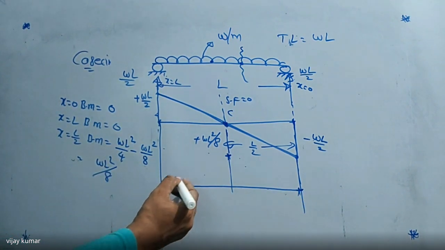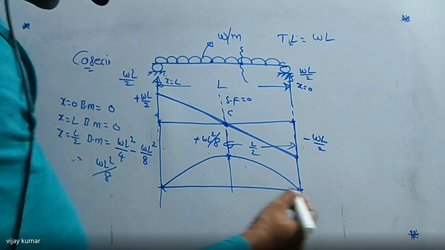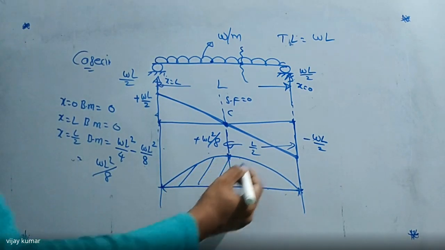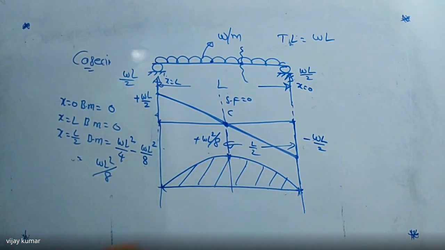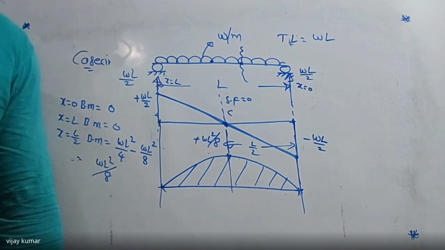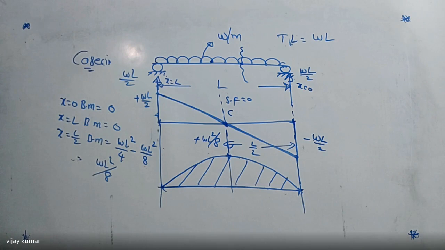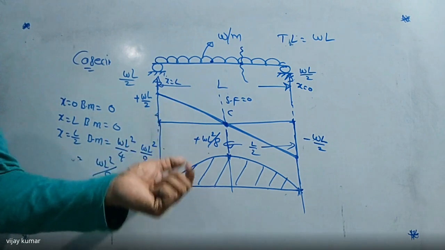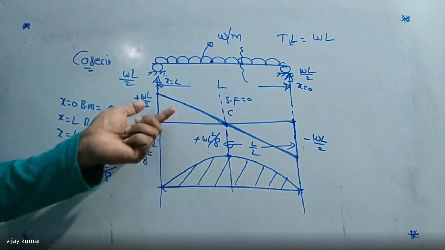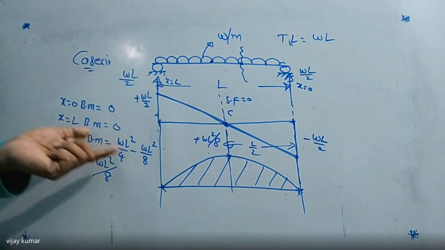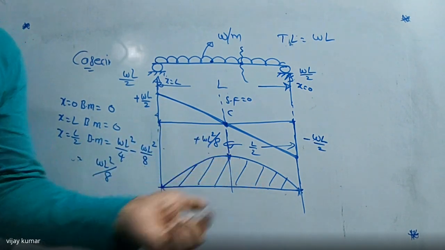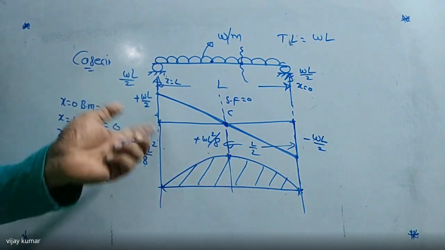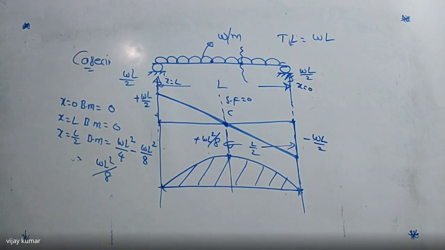So I'm going to use a parabola like this. This is the bending moment diagram for a simply supported beam which is subject to a UDL. That is not a point load, it is a UDL over its length. So this is the way of drawing the shear force and bending moment diagrams. We can draw directly also, but if you want to find the bending moment values or the shear force values, we can follow the procedure I have just explained. Did you get it or not? Right.